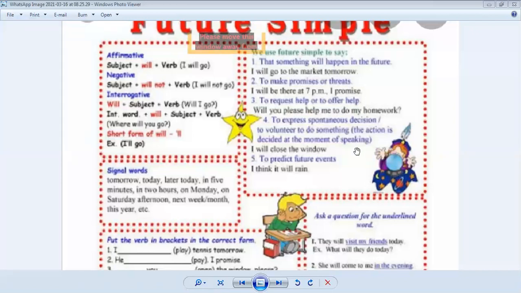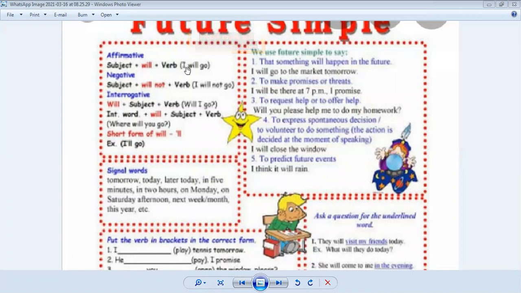Now, let's move to the form of the verb. Here, in the affirmative sentence, I use the subject, he, she, it, they, we, you, plus will, plus the main verb, but in the infinitive form.